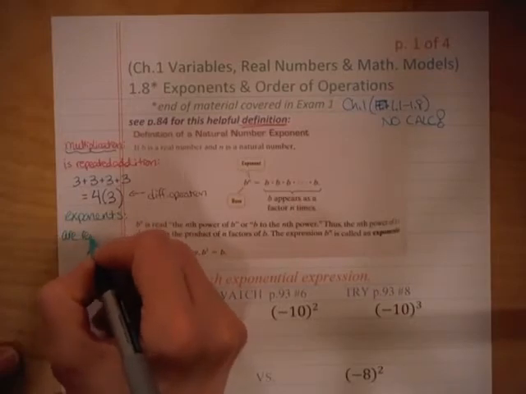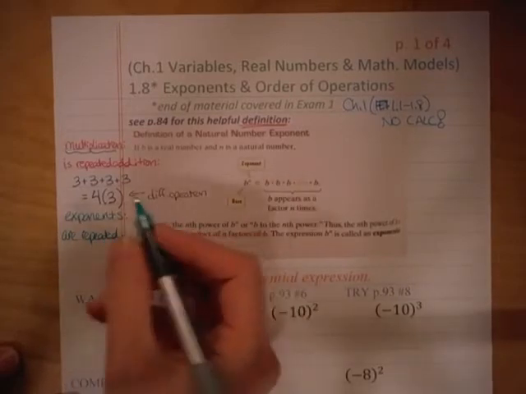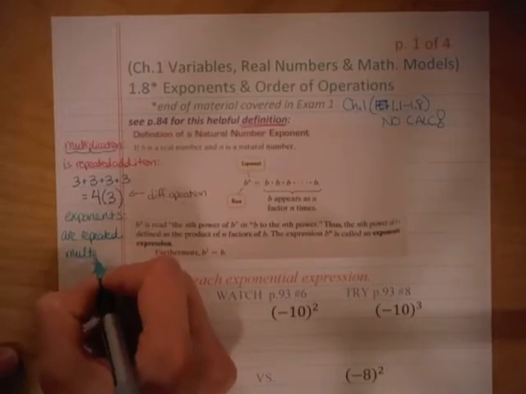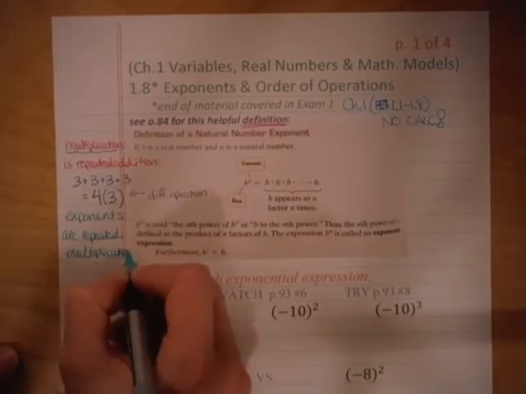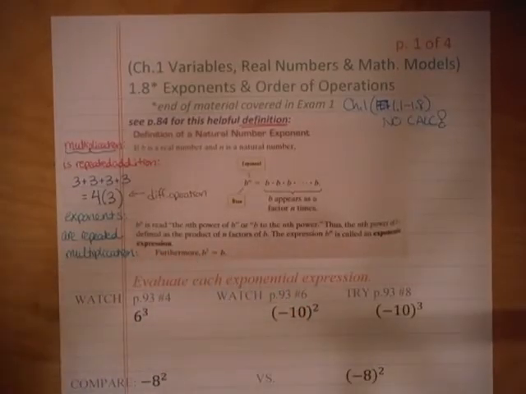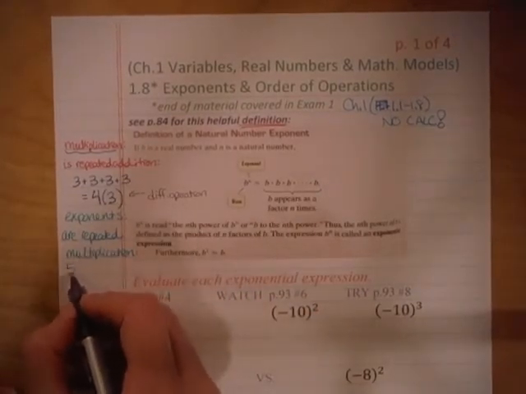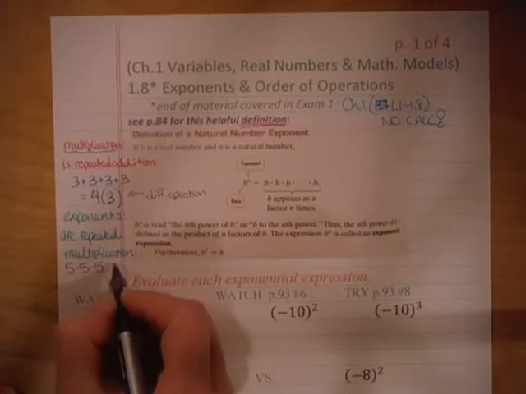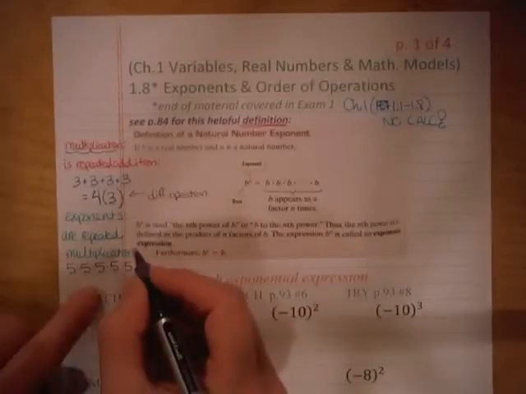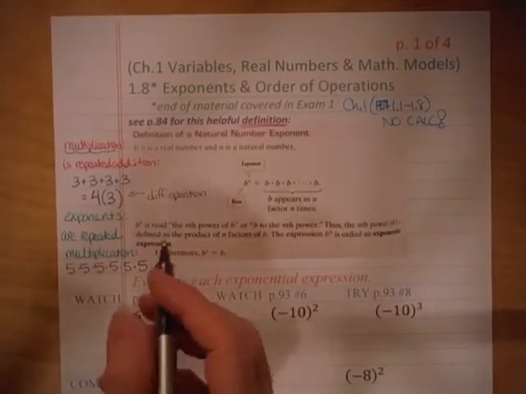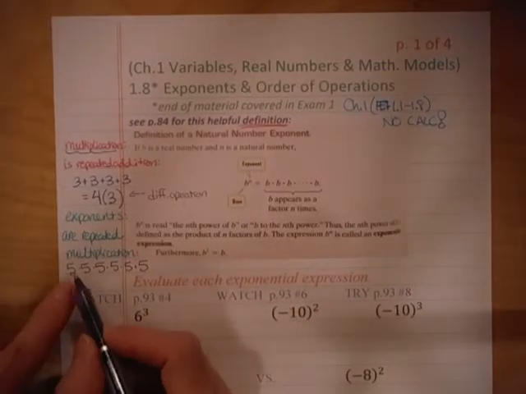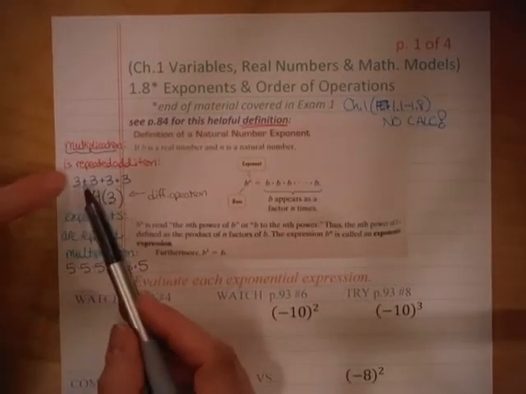because exponents are repeated multiplication. So if I have 5 times 5 times 5 times 5 times 5 times 5, that is repeated multiplication, just like we had repeated addition up here.